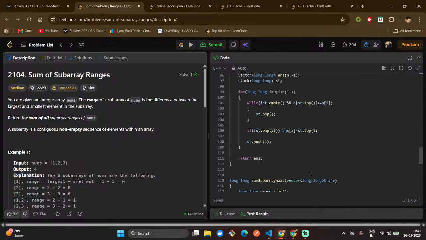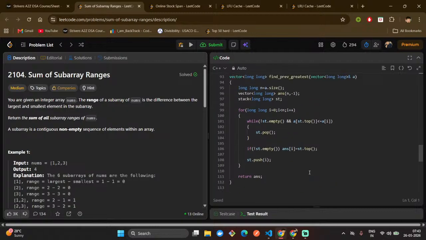We have to find the previous greatest element. Right. 1, after 6 greater than, yes, just remove it. Minus 1. Now minus 1.